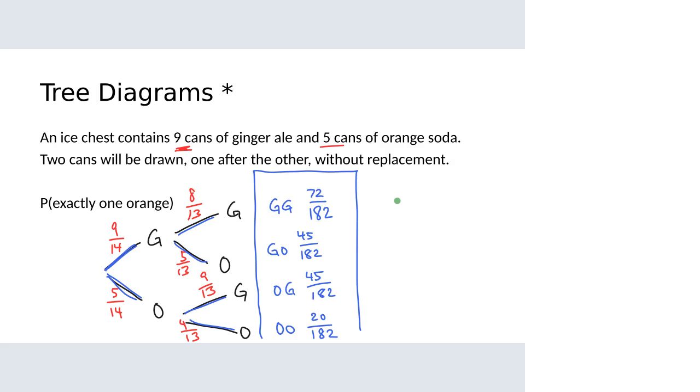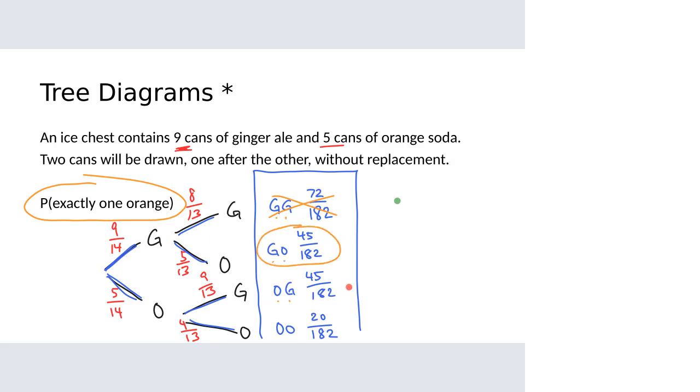If anything in drawing the tree, putting the probabilities on, or finding the sample space didn't make sense, please tell me. Now we're ready to answer this question over here. What's the probability of getting exactly 1 orange soda? Ginger ale, ginger ale. Didn't get any orange soda. Ginger ale, orange. Hey, that's exactly 1 orange.